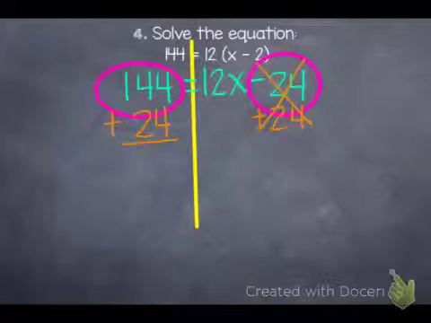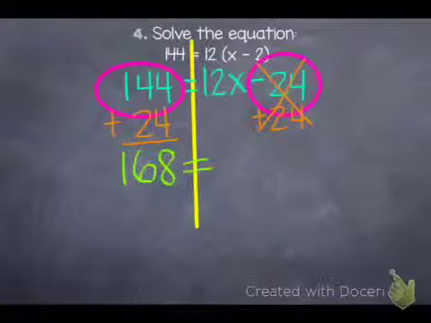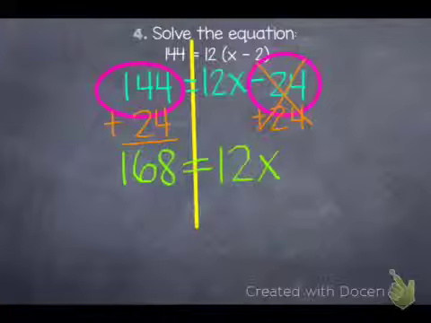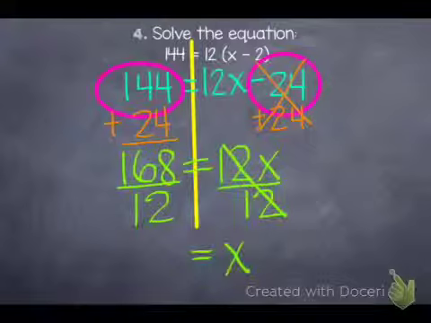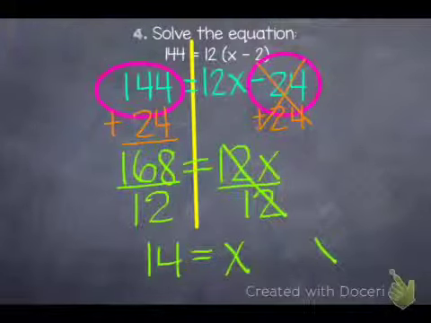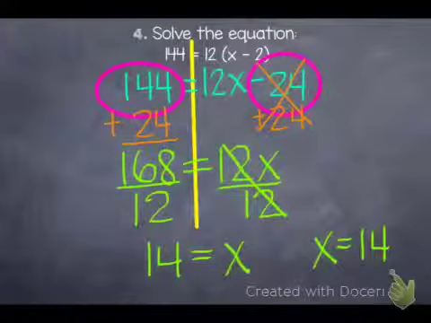So I get a total over here on the left of 168, and we still have 12x left on this side. So now x is being multiplied by 12, so I want to get rid of that by dividing by 12. So I've got 168 divided by 12, which is equal to 14. So x equals 14, and that is our answer.